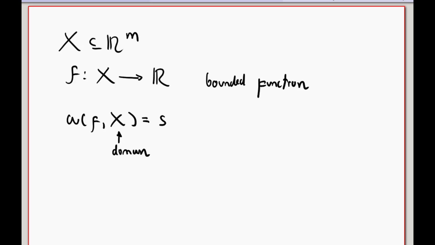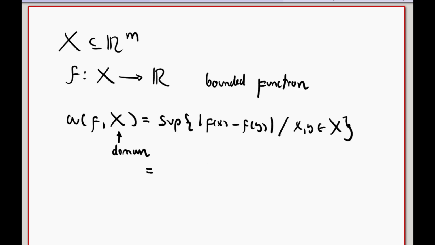as the supremum of the difference between two points of its domain. So for any pair of points, we take that difference, in absolute value, to get that distance between them.